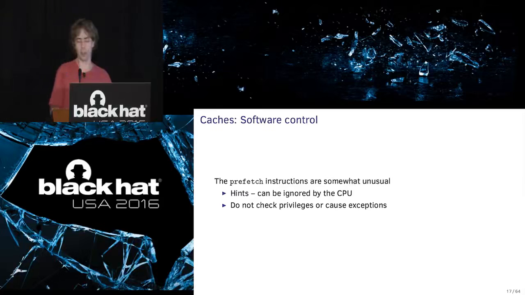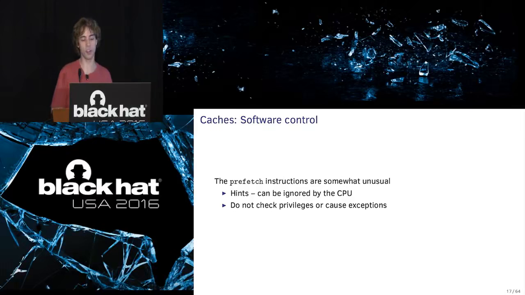The prefetch instructions are somewhat unusual, not only that they have to translate virtual to physical addresses, they are unusual in 2 ways. The first, I already said, they are hints, so the CPU can ignore them, but most of the time the CPU will not ignore them.